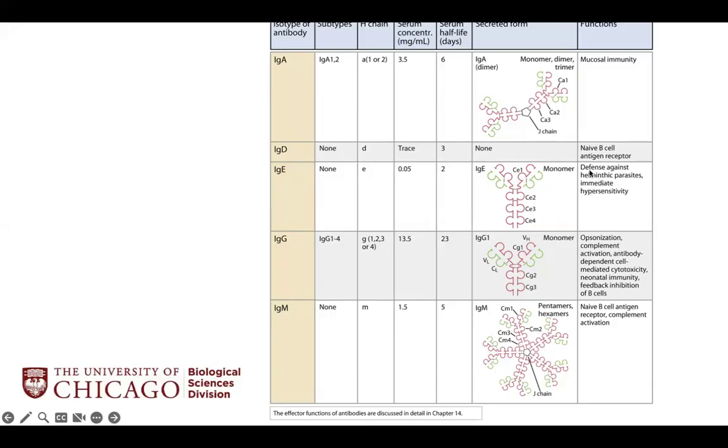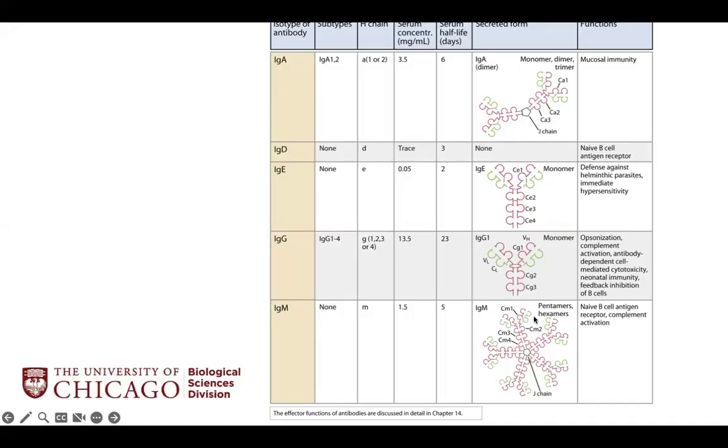IgE, of course, is important in this defense against helminthic parasites. IgG has highly diverse functions, including opsonization, complement activation, the antibody dependent cell-mediated cytotoxicity, neonatal immunity. This is, of course, what is passed to baby from mom over the placenta, and feedback inhibition of B cells.